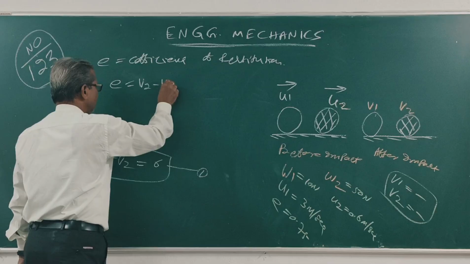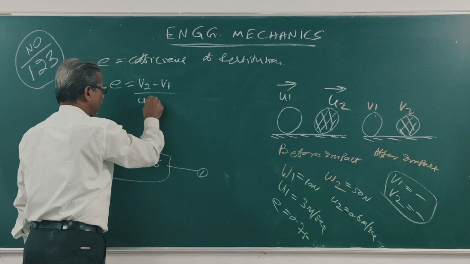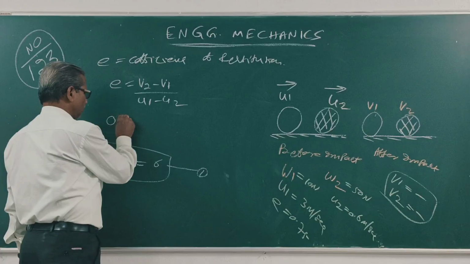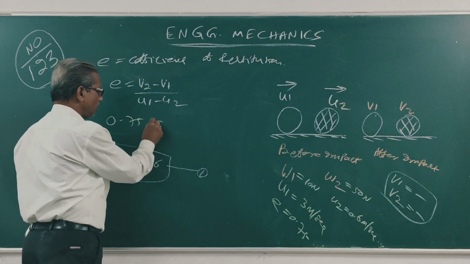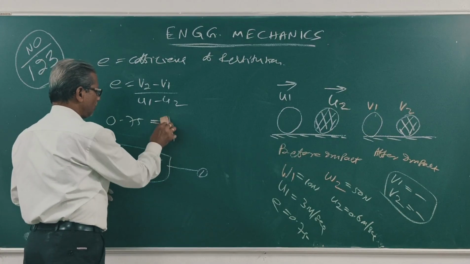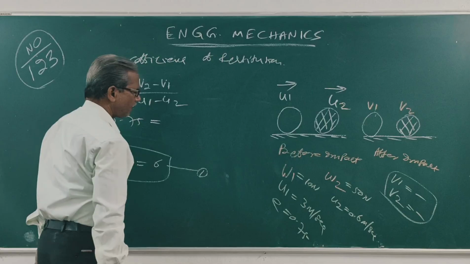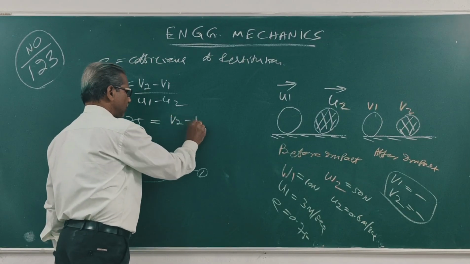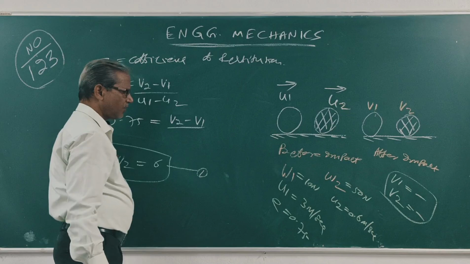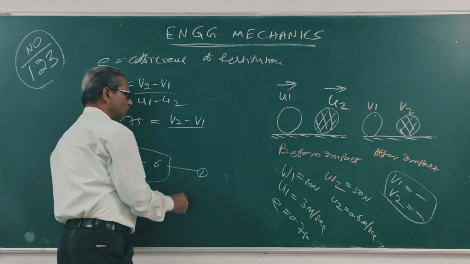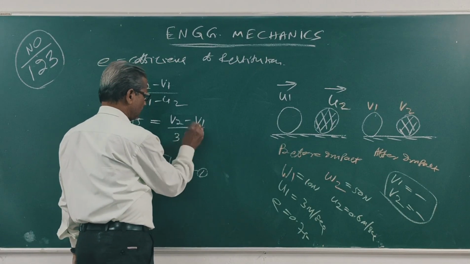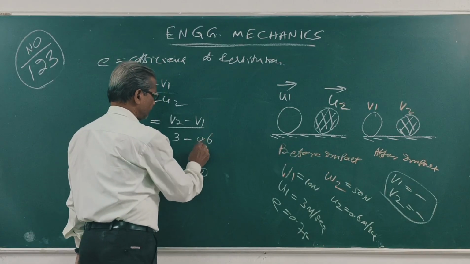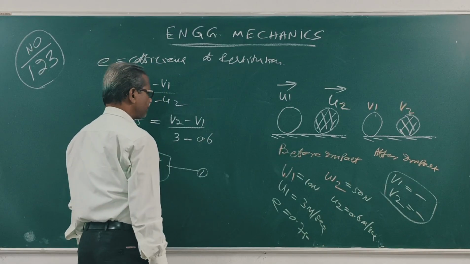V2 minus V1 by U1 minus U2. So 0.75 is equal to V2 minus V1 by U1 minus U2, that is 3 minus 0.6. Clear?